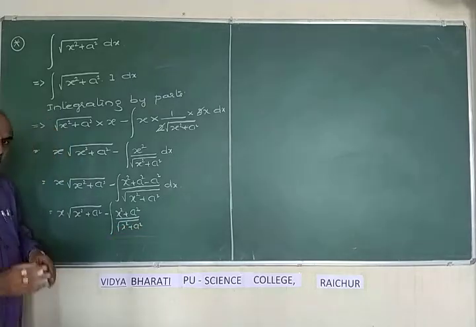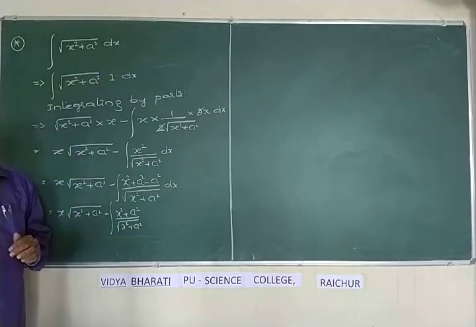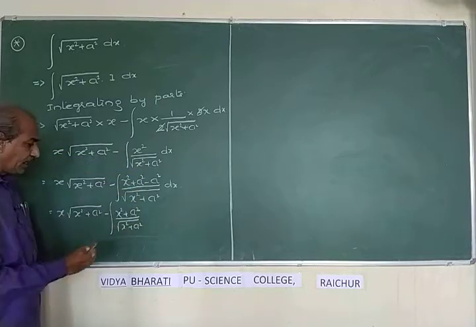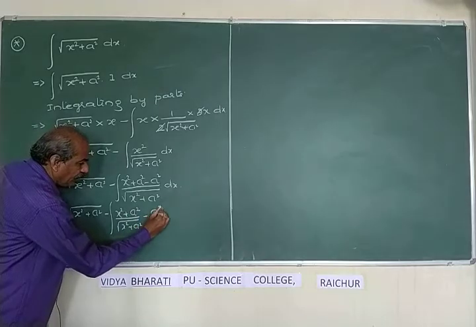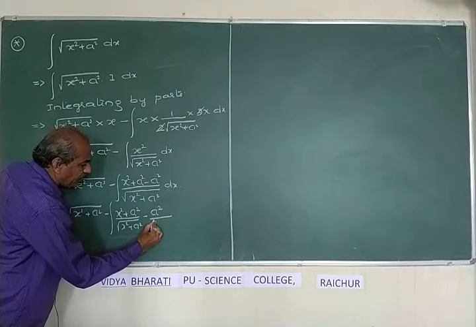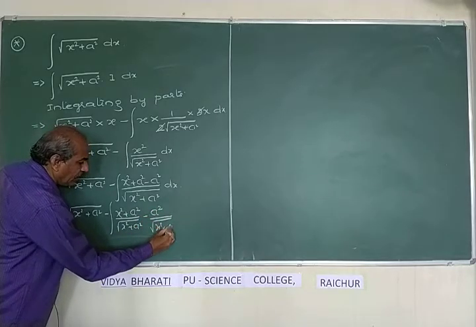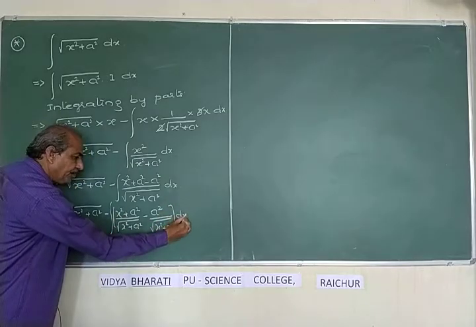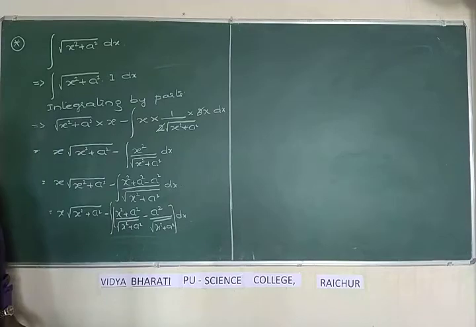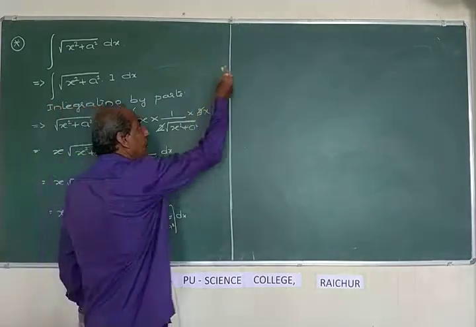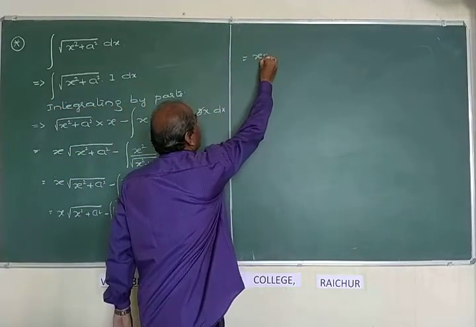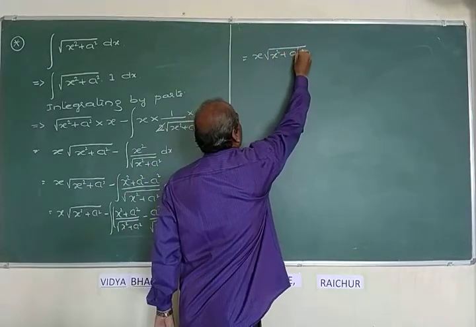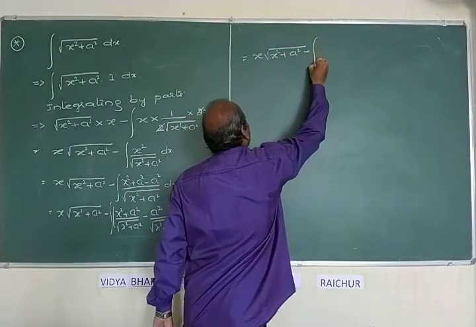In other words, separate the denominators: x square plus a square by root of x square plus a square minus a square divided by root of x square plus a square. I can write it like this, the value will not change. I hope you got it. Okay, now the next step, x into root of x square plus a square minus integral of.